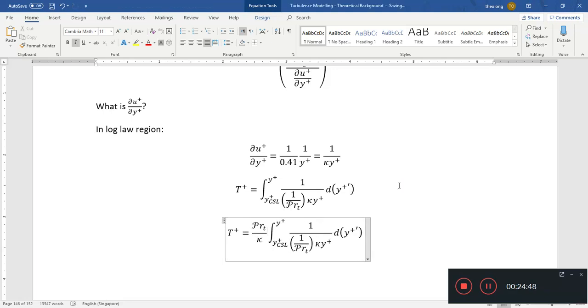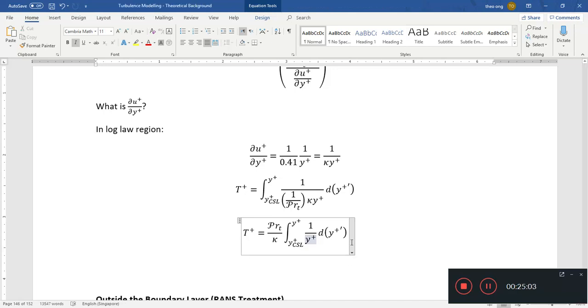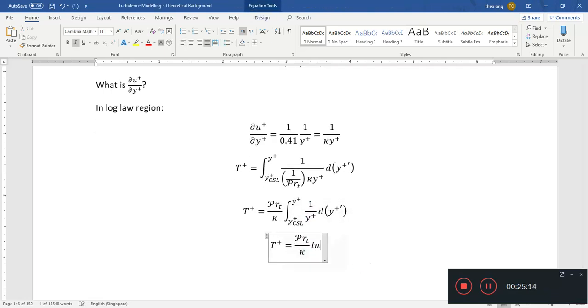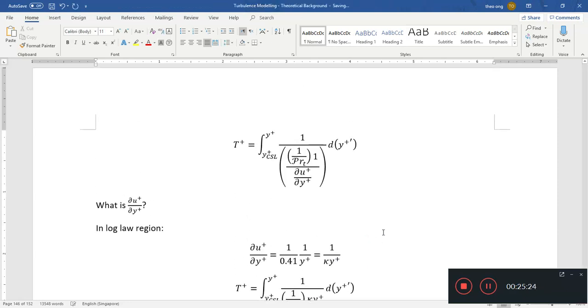Of course, in reality, in DNS it might change from time to time, but for Reynolds averaged Navier-Stokes, since we take a statistical average over time, that should not matter too much. So what you have left is this logarithm-looking region, and therefore the natural logarithm of y plus divided by y CSL plus, where CSL is this conduction sublayer.